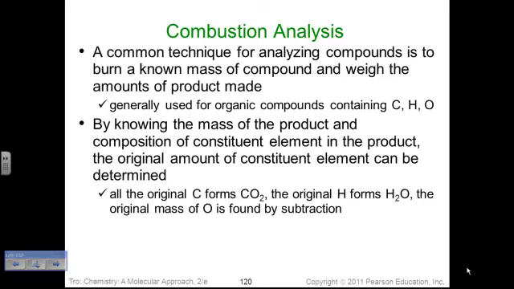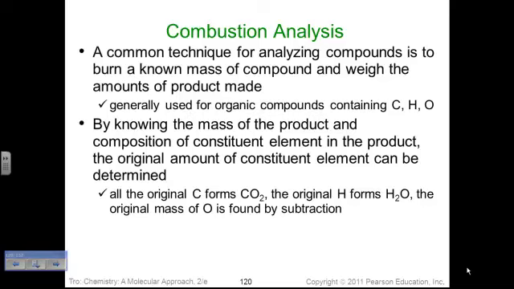So by knowing the mass of the product and the composition of those constituent elements in the product, the original amount of the constituent elements can be determined. When carbon from our fuel forms carbon dioxide, the only source is the original fuel. All of the hydrogen that goes into the water came from the original fuel.